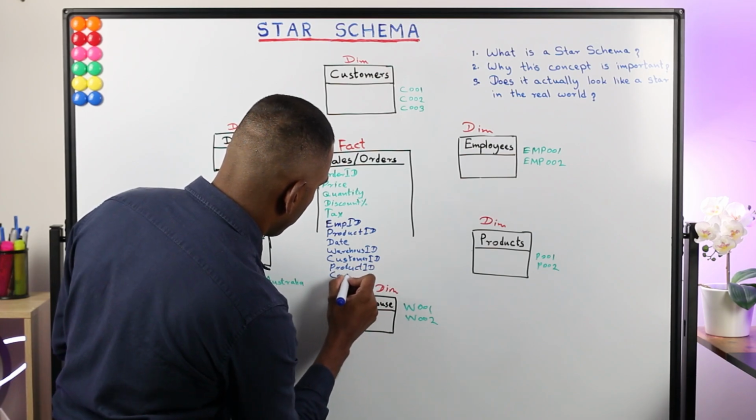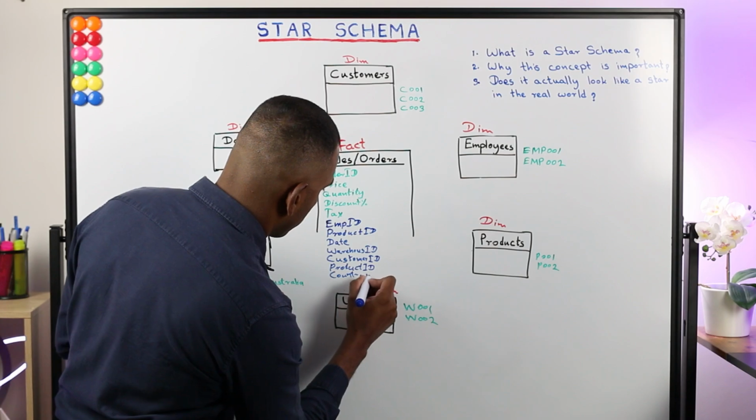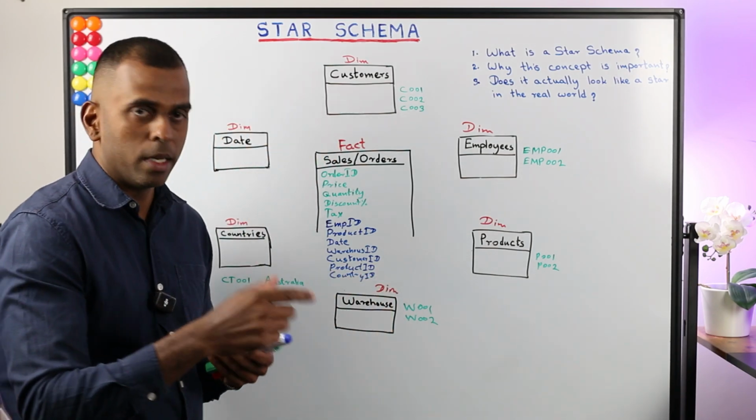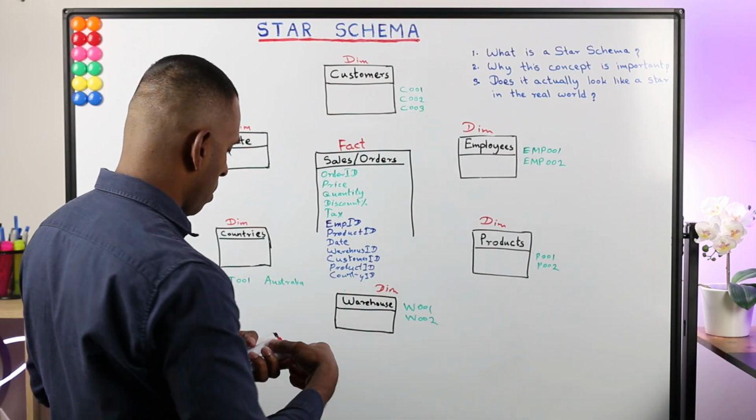The fact table is the biggest table of the Star Schema.